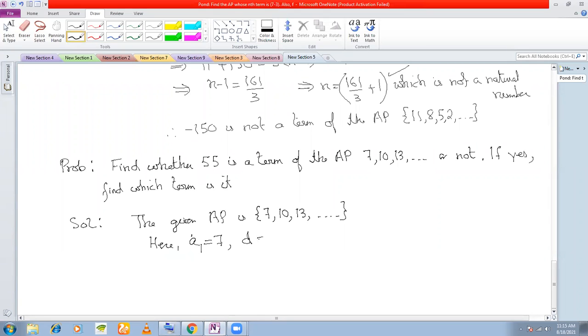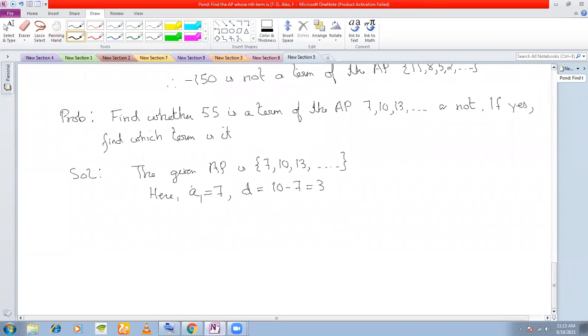And what is the common difference? Since it is given to be in AP, we simply take A2 minus A1, 10 minus 7, which is equal to 3. Okay. Now I don't know whether 55 is a term in this or not. So let's check. Just as we had done earlier, I say let 55 be the nth term of the AP.